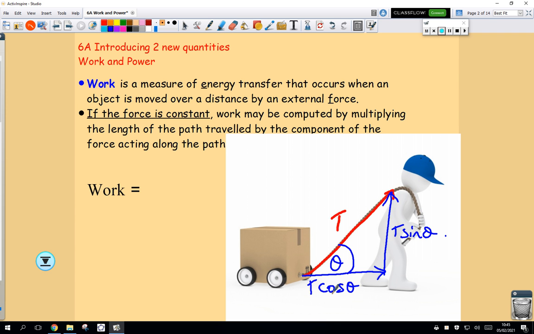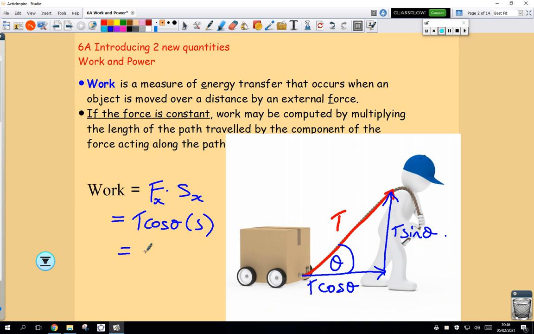So that vertical component might help reduce friction or something, but this is really the force that's pulling it, T cosine theta. So in this case, remember, work is force by displacement in the same direction. We're talking about F sub x times S sub x. The force and the displacement have to be in the same direction. So in this case, the force would be T cosine theta multiplied by the displacement, whatever that is.